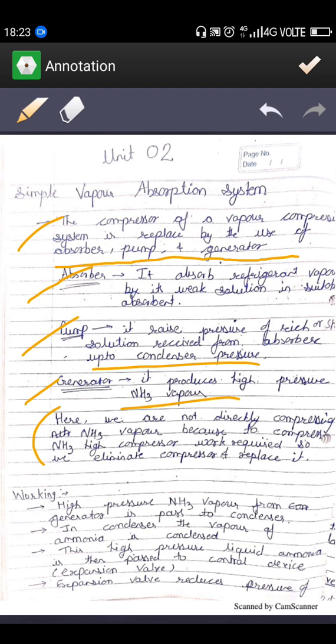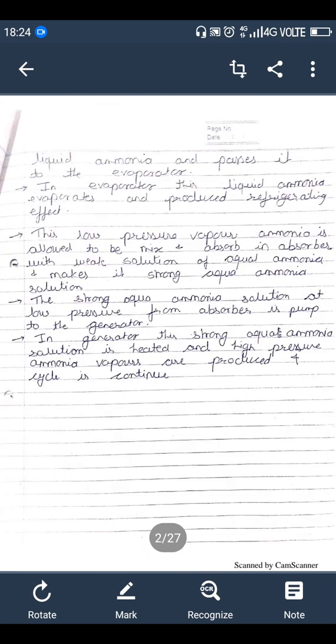Now we are going to see the working. High pressure NH3 vapor from the generator is passed to the condenser. In the condenser, the ammonia vapor is condensed. This high pressure liquid ammonia is then passed to the control valve, which is the expansion valve. The expansion valve reduces the pressure of the liquid ammonia and passes it to the evaporator.